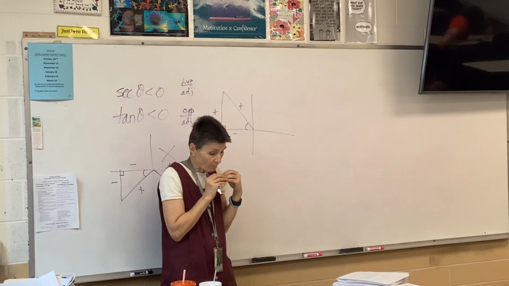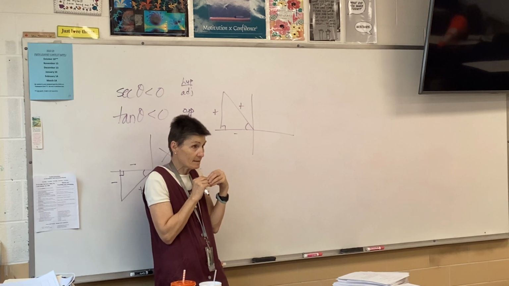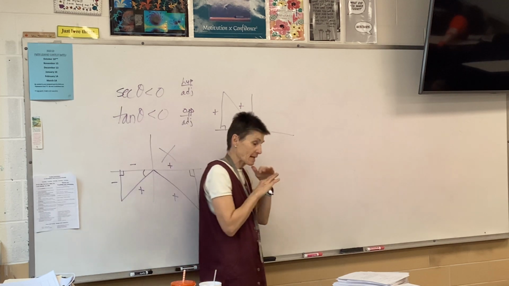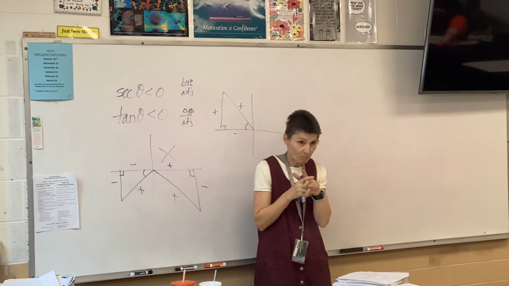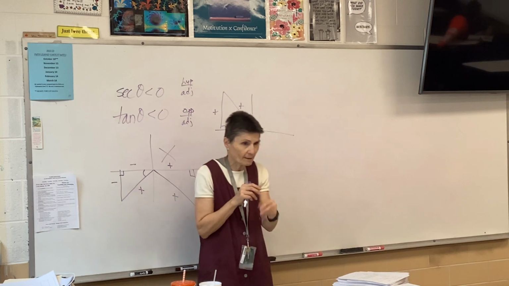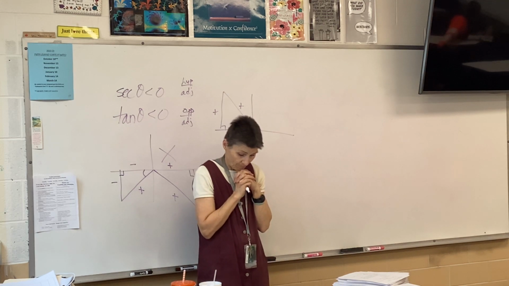Olivia, we do need to remember though, after we do B, C, and E, change it back, because everything on the test is in degrees, except for that little bit right there. Alright, what else?